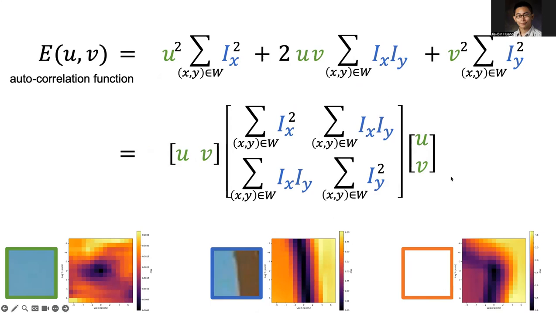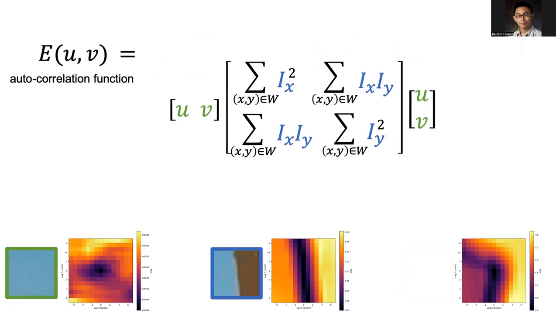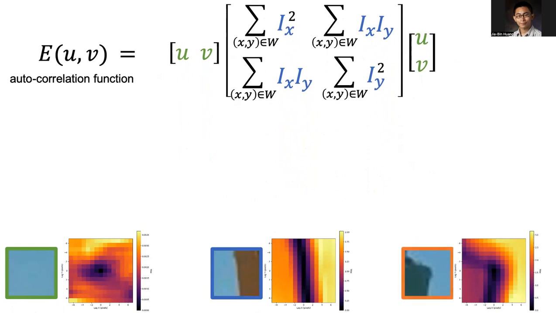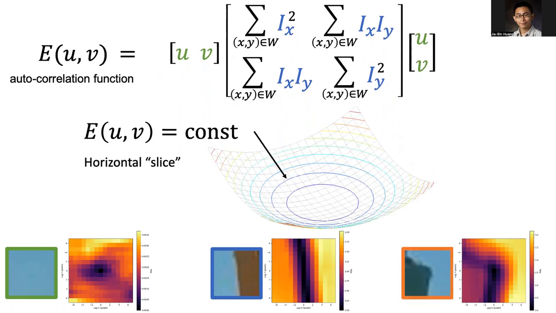So what is this thing doing? You can think about this as a quadratic function, just like a curve, but in 2D.